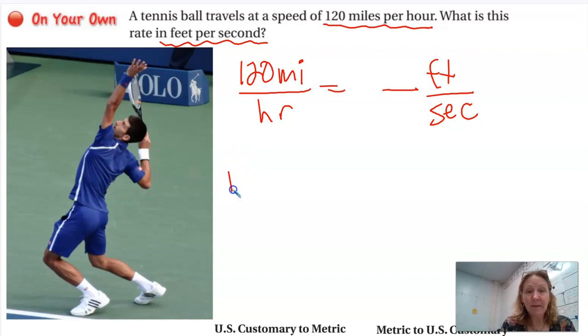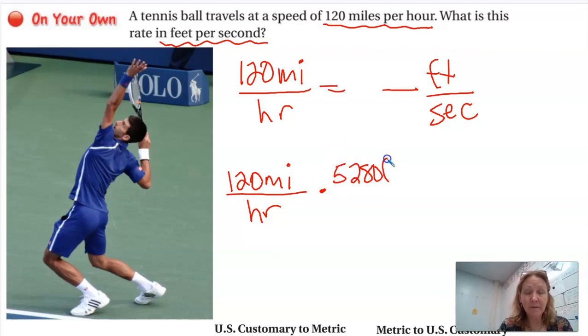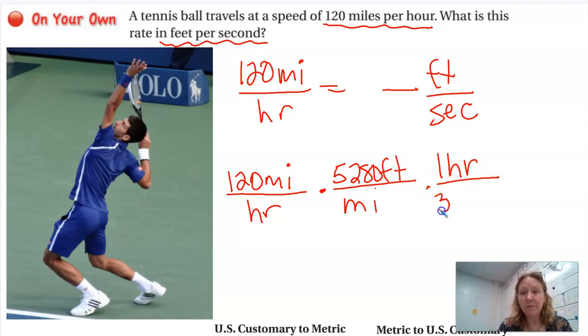So I'm going to set up 120 miles per hour, and I'm going to multiply by 5280 feet in a mile so that the miles will cancel out. And then times 1 hour is equal to 3,600 seconds. Then miles cancel, hours cancel.